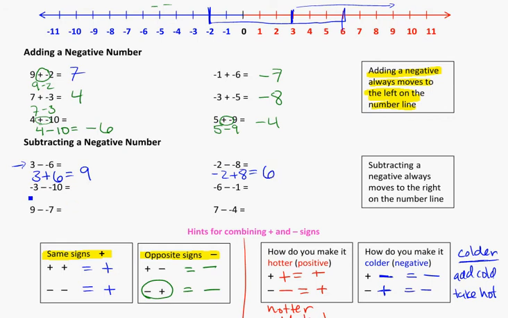And here, looking at the -3 minus a -10, if you want to think about it that way, I see the two signs are the same, and I'm going to again write -3 plus 10. So starting at -3, I'm going to add 10 to that, so -3 up to 0 is 3, and then I need 7 more to get a total distance of 10. So I end up at 7.